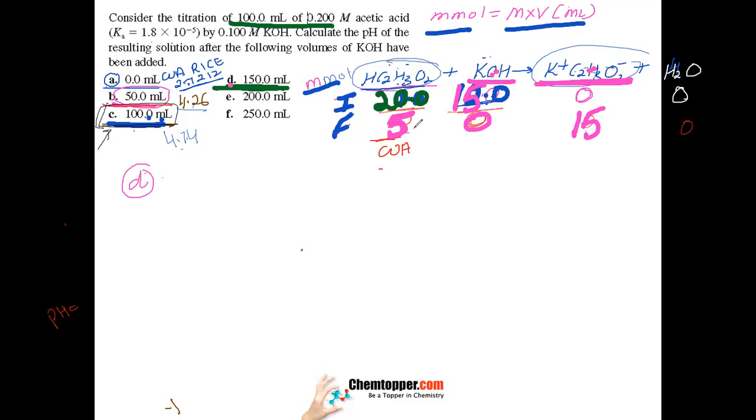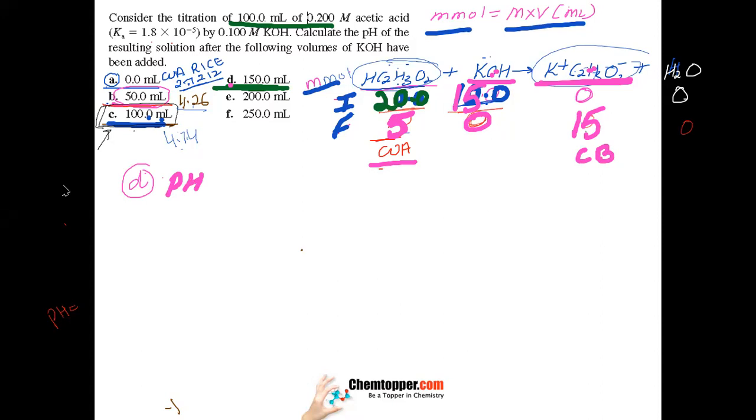So is it a buffer? Yes. You have a weak acid with its conjugate base, and KOH is 0, the limiting strong base is not there. So what's the pH? I will use Henderson, right?